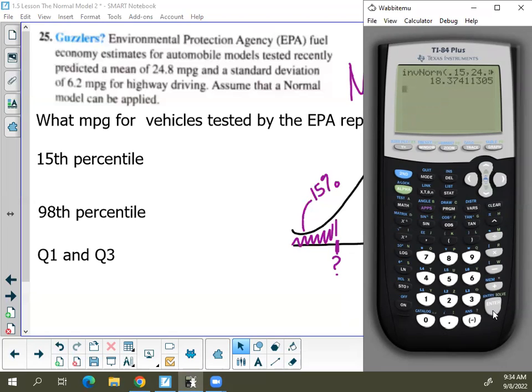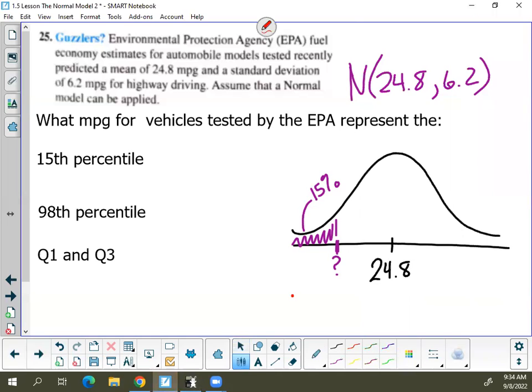That value represents a miles per gallon, 18.37 miles per gallon. And so that means that a vehicle with a fuel economy of 18.37 miles per gallon would represent the 15th percentile, or that means that 15% of our vehicles are below 18.37 miles per gallon.